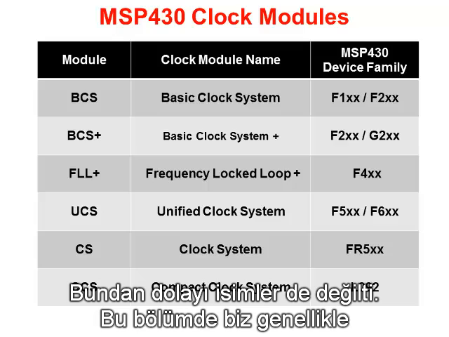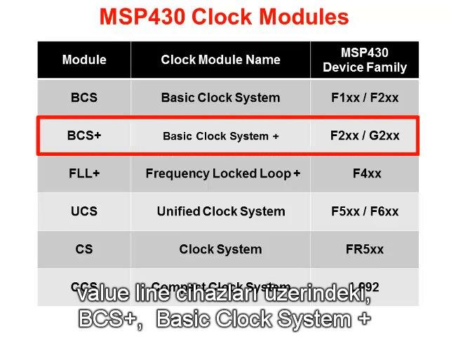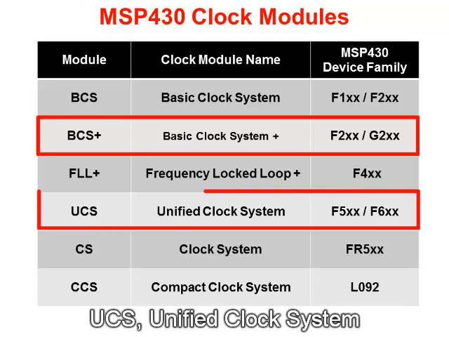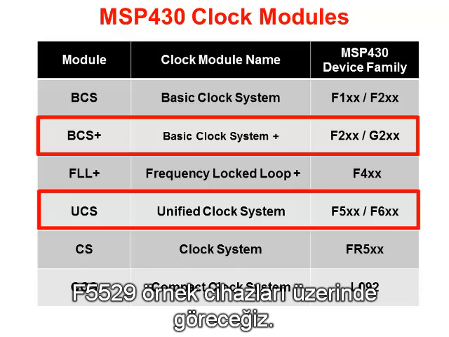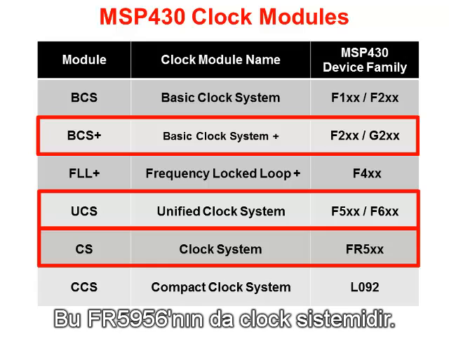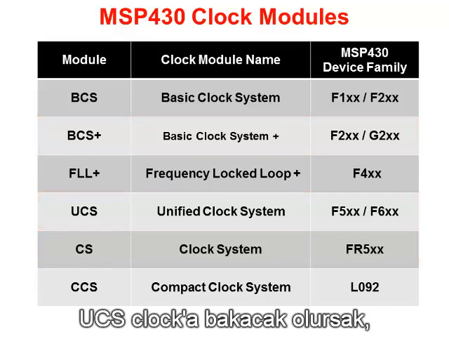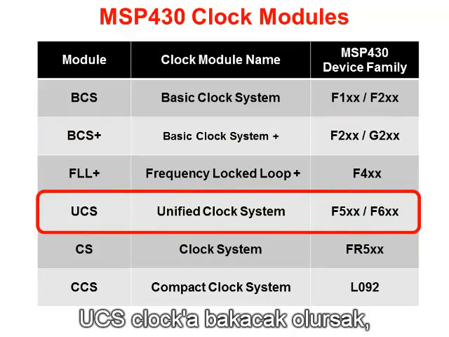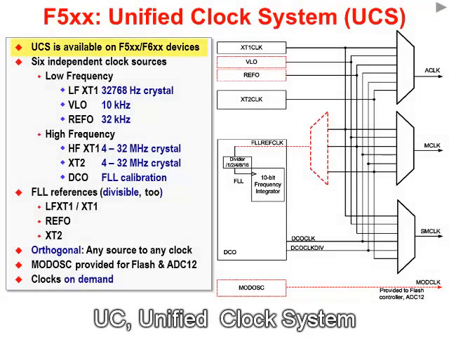In this section, we mostly look at the BCS Plus, the Basic Clock System Plus that's on the value line devices, UCS, the Unified Clock System that's on our F5529 example device, as well as CS, which is the clock system on the FR5969.